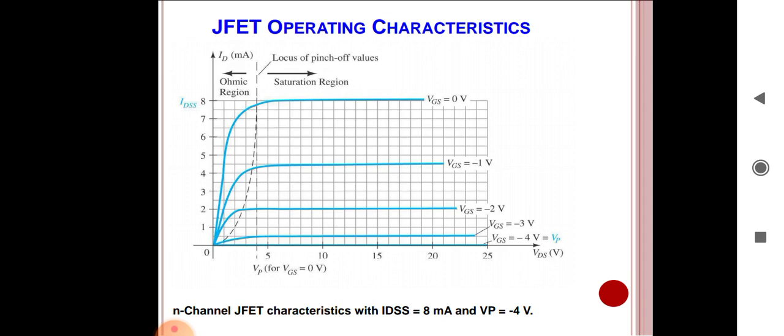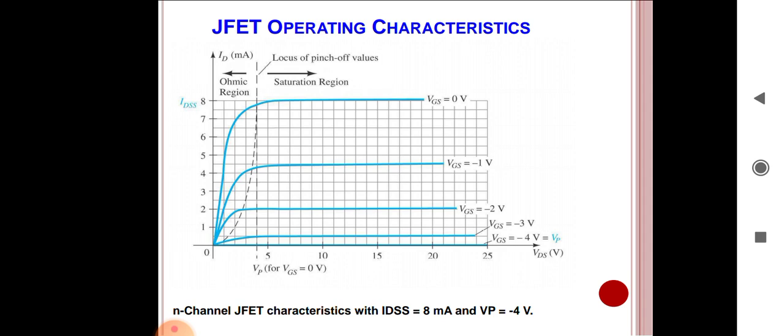And what is the ohmic region? This is the region where drain current ID varies with the variations in drain to source voltage VDS as shown in the figure. The JFET is therefore said to be operating as a voltage variable resistance in the ohmic region. Resistance offered by JFET decreases with the decrease in value of negative gate voltage.